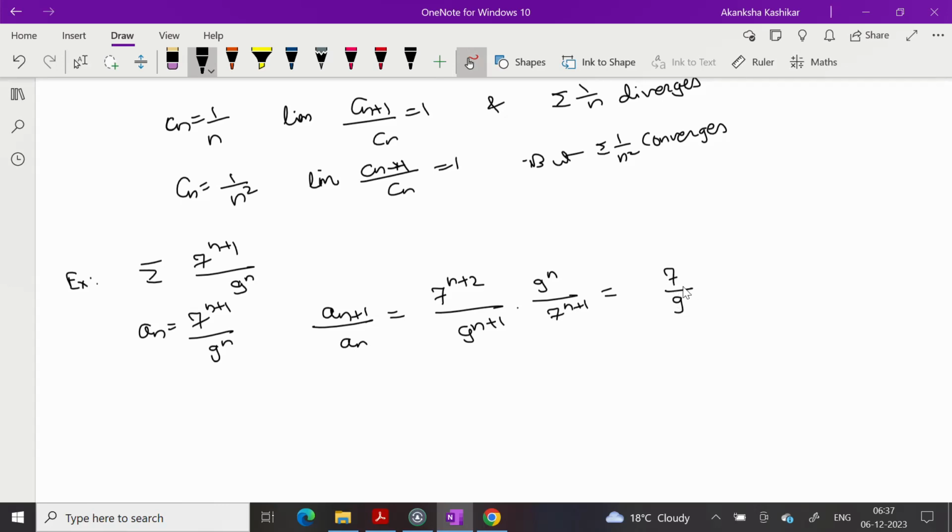Okay, 7 by 9. This is less than 1. And hence by ratio test, D'Alembert's ratio test, the series converges.